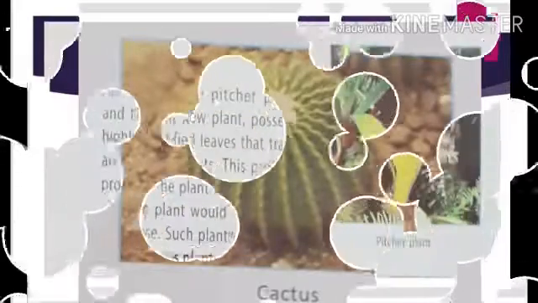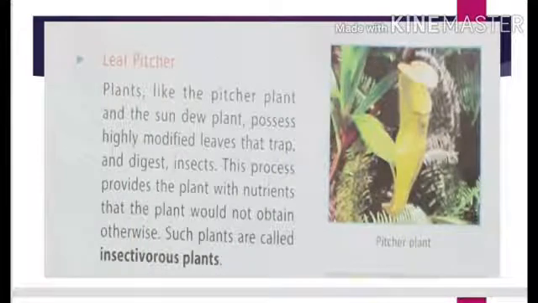Let's move towards the next modification, that is leaf pitcher, in which the leaf becomes like a pot. Pitcher plant is a plant that grows in the Amazon forest. What is the speciality of the Amazon forest? Continuous rainfall is there.